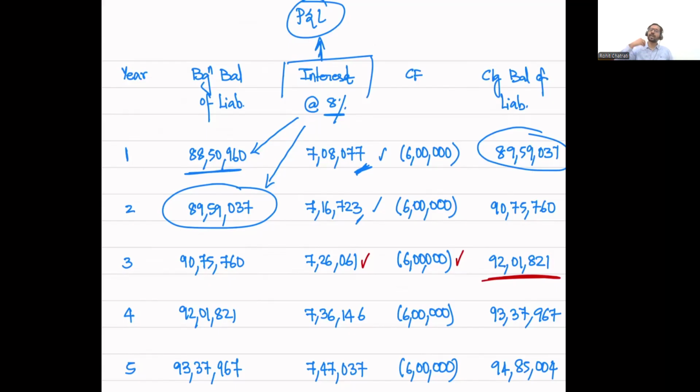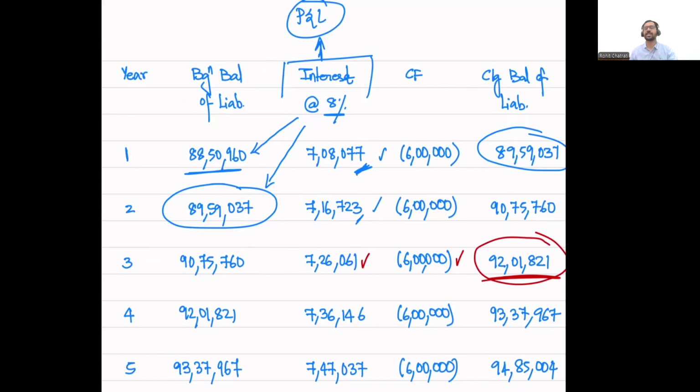Therefore, I will not have an obligation to pay 6 lakhs, and I don't have an obligation to pay the redemption amount also. Therefore, I do not have any obligation to pay any amount of cash to the investors after the third year. Therefore, what is recognized as a liability in the books of accounts should be de-recognized. I do not have a liability anymore because I do not have an obligation to pay cash.